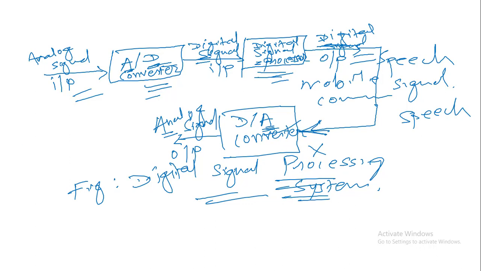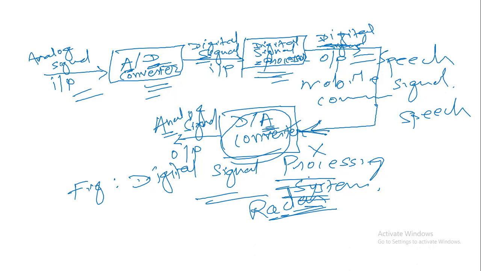But in some applications, such as radar, this last block is not required. How does a radar system work? A signal is transmitted from the radar position so that it strikes an object in its periphery.